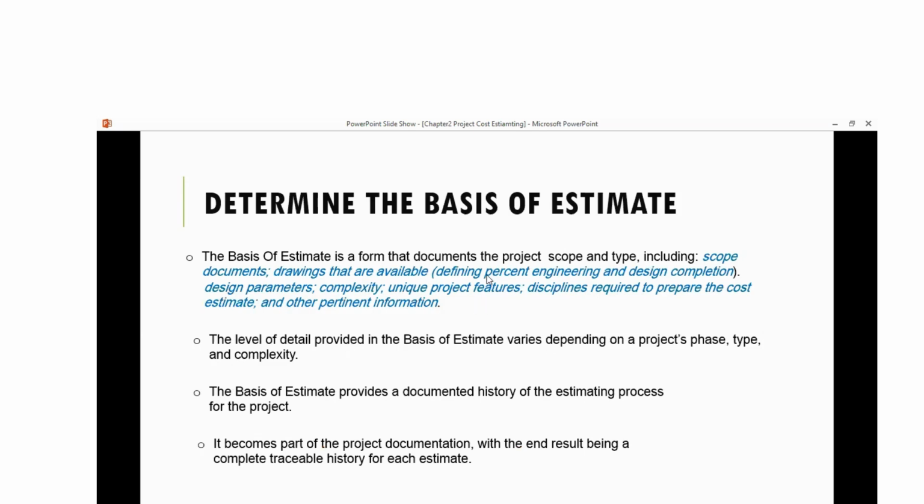For example, the percentage of engineering, the design that's going to be worked, the design parameters, how complex the features are, the unique features that you're going to work on, we call them the MVP, minimum viable product, that you're going to market. So you need the first features to be driven outside, to be deployed. Discipline is required to prepare the cost estimates and any other predefined information.